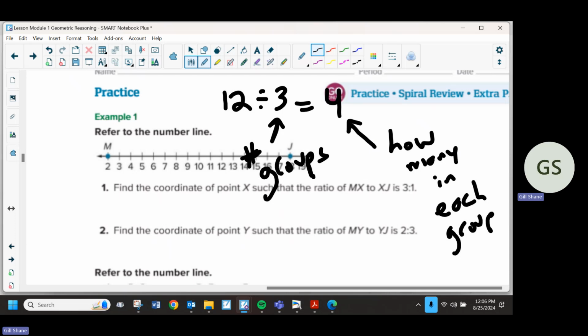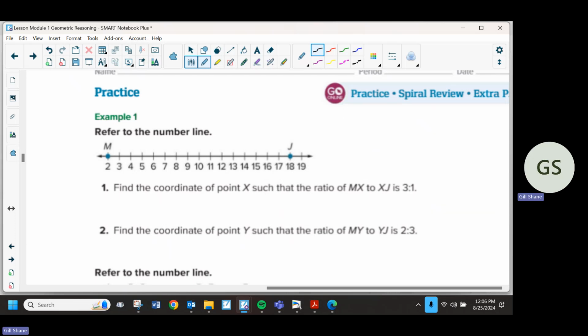Then we said, well, line segments are a little different because we don't really have a specific number in a group. It's not a group of things, it's just a line segment. But we do kind of the same thing, but we're just measuring it in a different unit and in a different way. Instead of having a number of items, we're measuring the length.